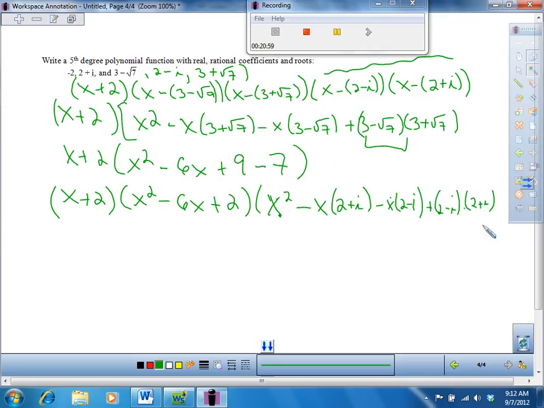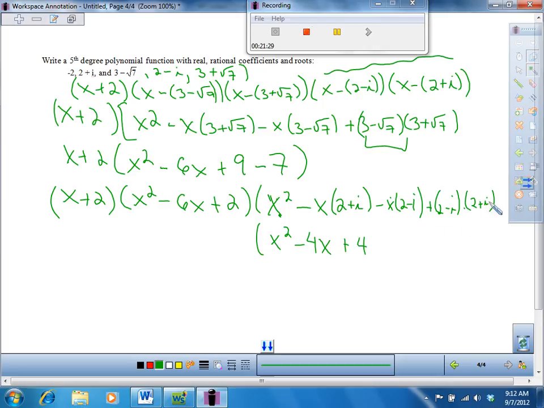And when I multiply this mess out, I get x squared minus 2x and minus 2x. I do have a minus 4x there. Minus xi and plus xi disappears. See that? Negative x times i and negative x times negative i, that disappears. And then I go over here. 2 times 2 is 4.